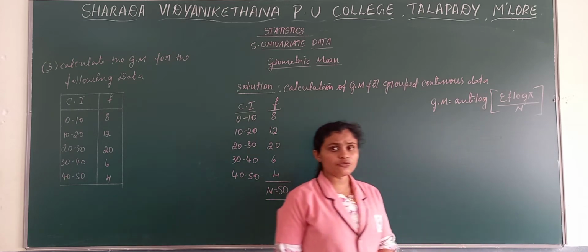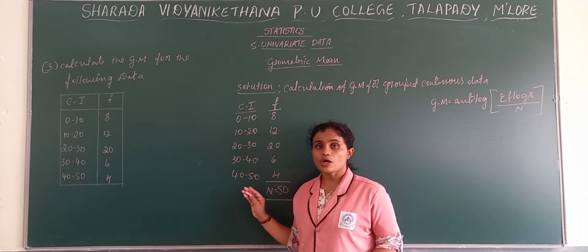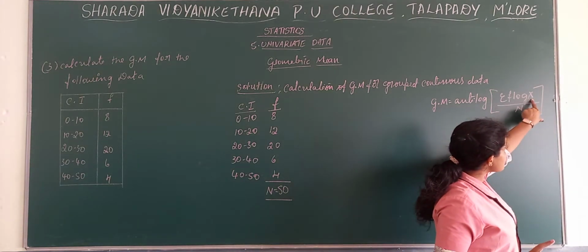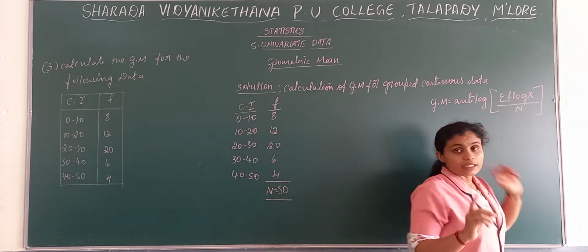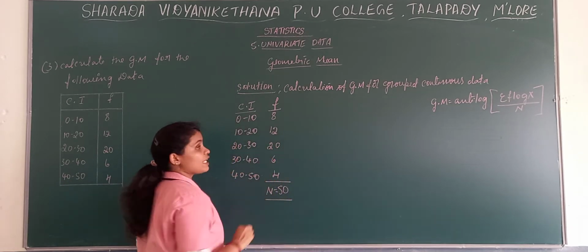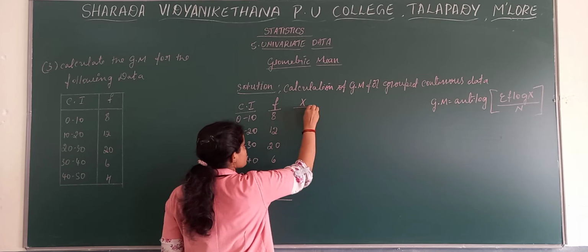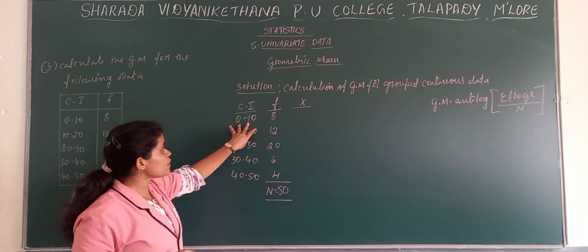Now if you see the data here, it's in a continuous form, so we need to get the x values. So we require x, then we need to find the log of those x values, then we need to multiply it with the frequencies. Firstly we write the x values. X values are nothing but the middle values.